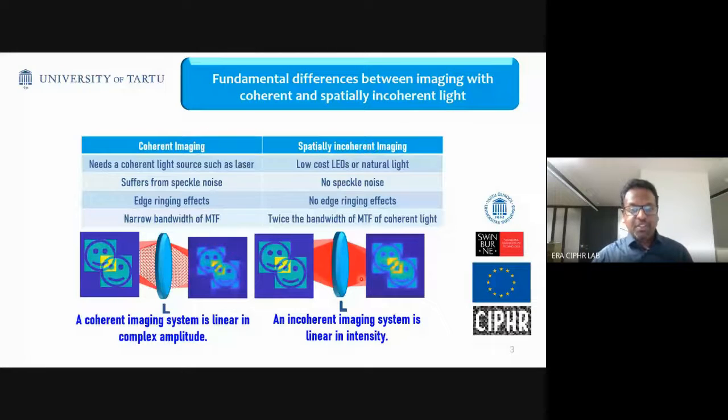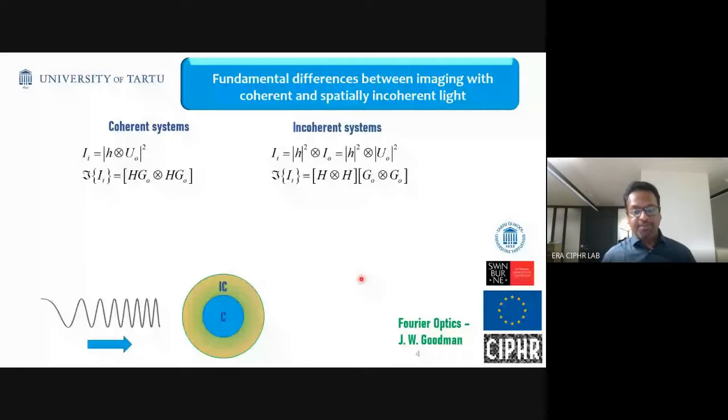Okay, so now let us try to understand this in a slightly deeper way. I mentioned two statements about coherent and incoherent imaging systems. In the case of a coherent imaging system, the system is linear in complex amplitude, whereas in the case of an incoherent imaging system, the system is linear in intensity.